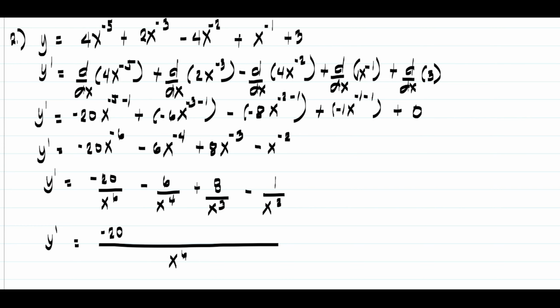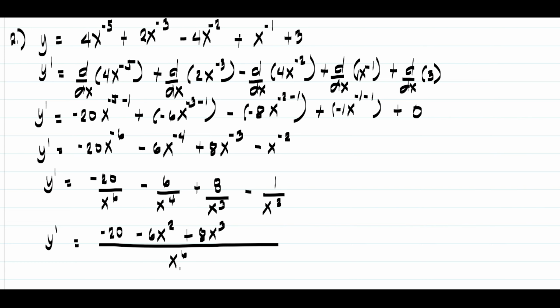Then x raised to 6 divided by x raised to 4 is x squared, multiplied by negative 6, that is negative 6x squared. And then x raised to 6 divided by x cubed is x cubed, multiplied by 8, that is 8x cubed.